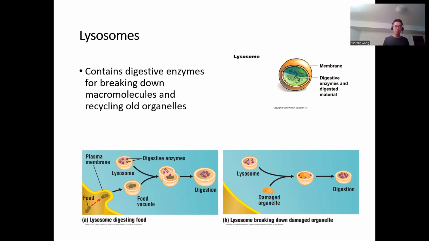Your white blood cells do this. They could eat up a bacterium or something like that, and then you want to break down the bacteria. So the food, think of it as bacteria, goes into the cell and you need to break it down. The lysosome will fuse with it and digest it. So they break things down. That's the first function.